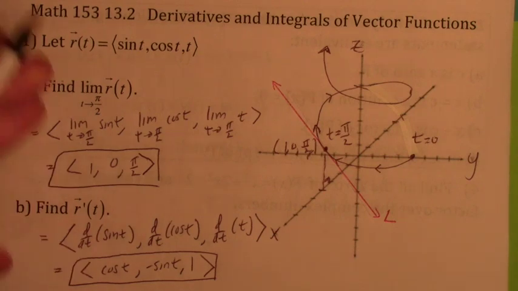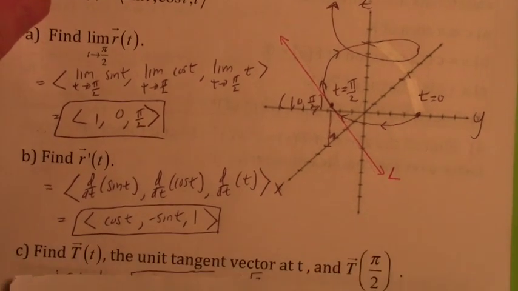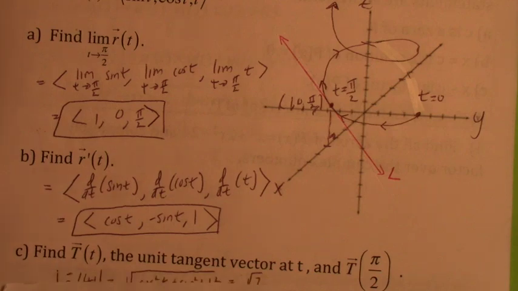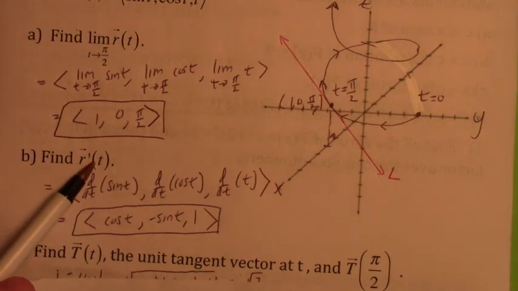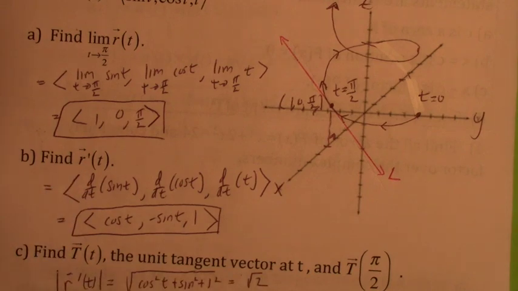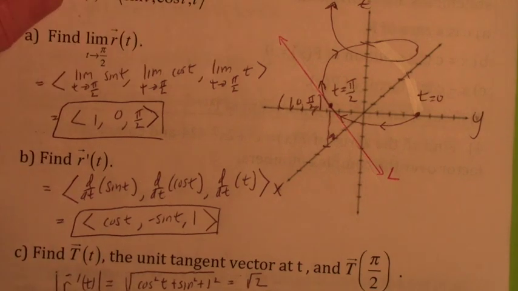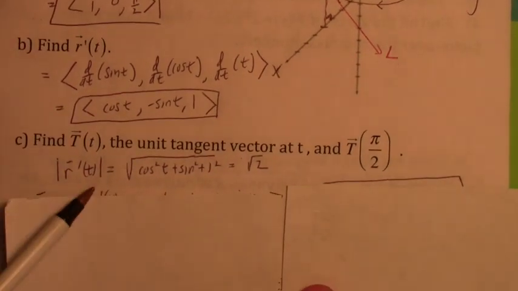Now, there's something called the unit tangent vector, T. What you do is you take r prime of t and you divide by the magnitude. So first of all, you have to compute the magnitude of r prime. I believe you get square root of 2, right, when you take the magnitude of r prime.